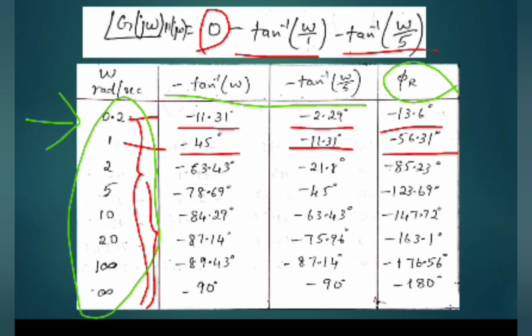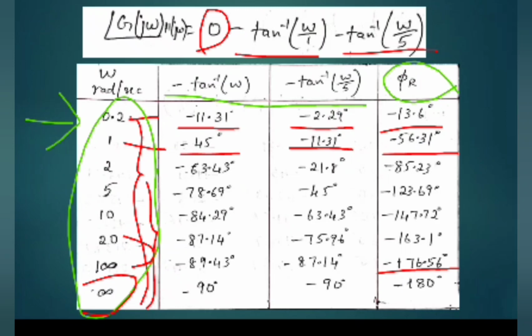Now you can see that the last reading shows that the omega value is infinity. This is because I have tried with 20, then 100, then 1000, then 2000, 10,000. Checking the values, I can see that the addition of all the readings will not give me 180 degree, that is minus 180 degree.